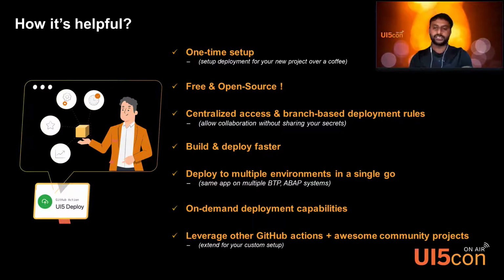We don't need to set up the entire infrastructure for hosting new branches. Since there will be no manual effort for building and deployment, it will usually be faster than regular web IDE deployment. And for SAP ABAP deployments, the npm package UI5 deployer makes it far faster than the manual zip download and zip upload way.